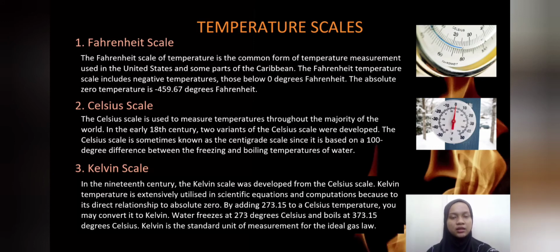By adding 273.15 to a Celsius temperature, you may convert it to Kelvin. Water freezes at 273 Kelvin and boils at 373.15 Kelvin. Kelvin is the standard unit of measurement for the ideal gas.